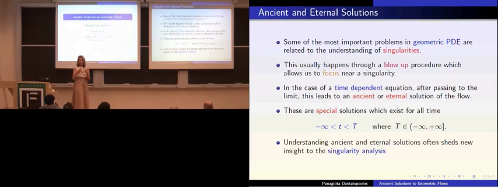In other words, we dilate the time, and we make the solution at the limit exist all the way from minus infinity, because the more we focus, the more we have to lengthen the time. So at the end, we obtain at the limit a solution that has existed forever. And often classifying such solutions plays an important role in understanding the singularities.